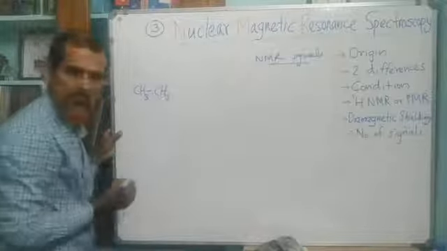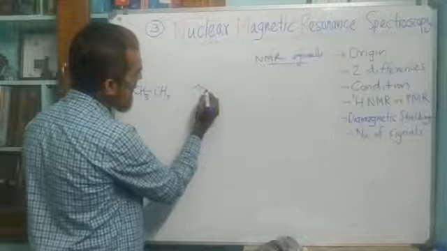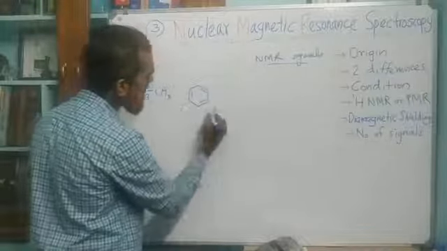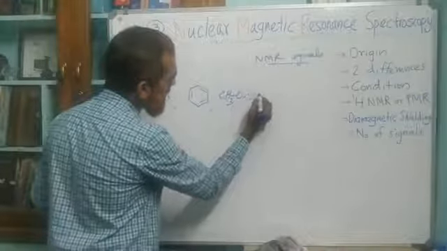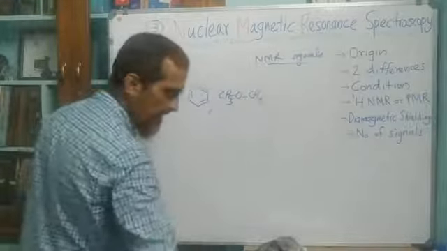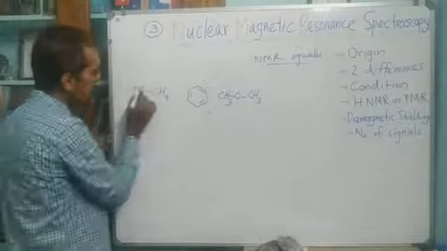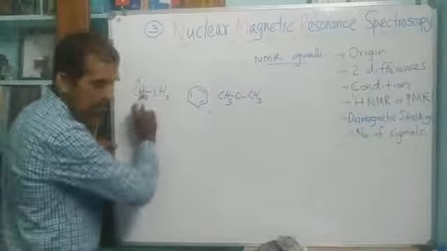CH3CH3, ethane. It's very easy. I am writing another example, for example benzene. Another example is CH3OCH3, that is dimethyl ether. You can classify these protons like this. If these three protons are marked A, what about this one? Same, right?